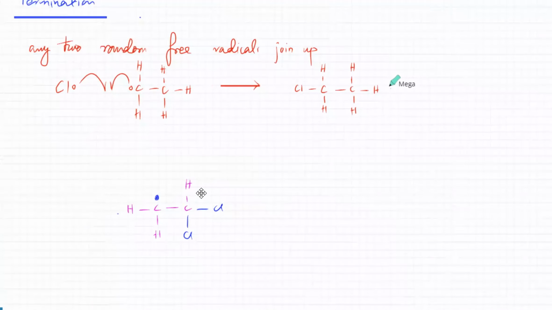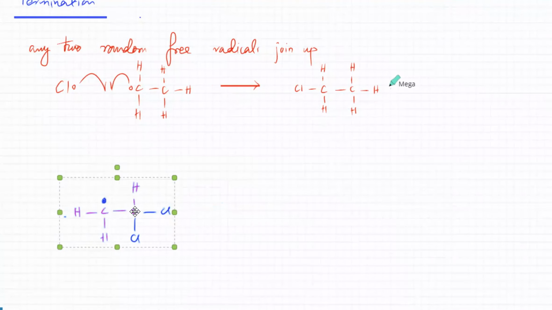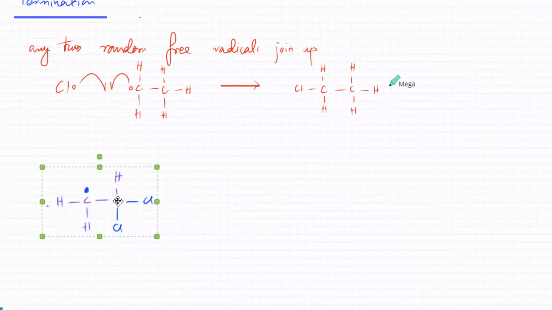So let's say I have this free radical. Why doesn't it just join up with a Cl radical if there is one somewhere?